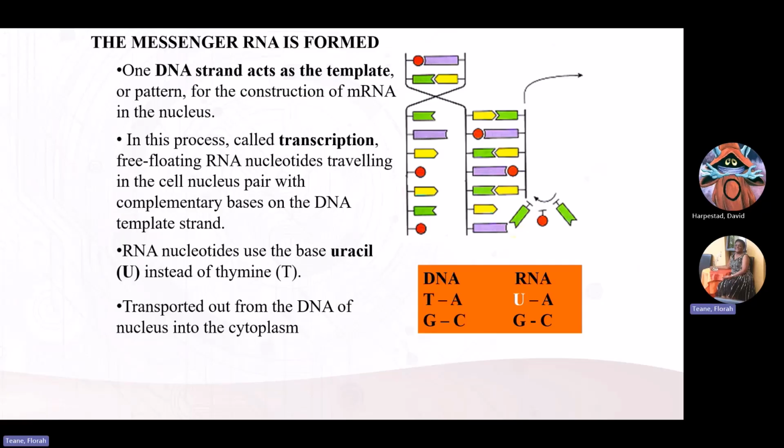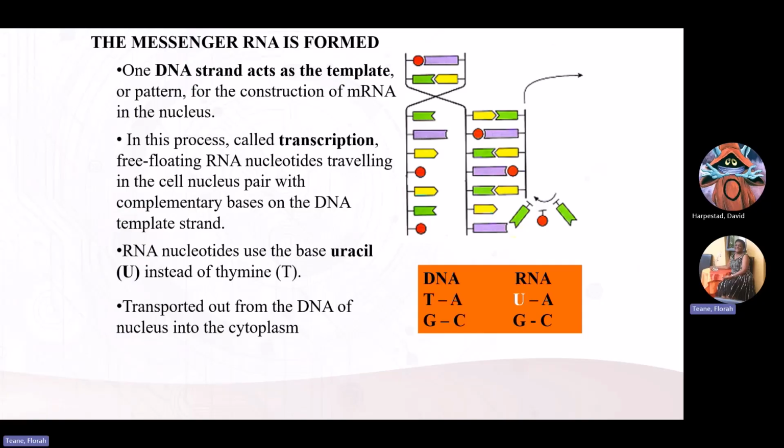The 2 strands of DNA will separate. Remember, I said it will unzip, meaning the hydrogen bonds will break one by one. And at the ultimate end, we will have 2 separate strands of DNA molecule.